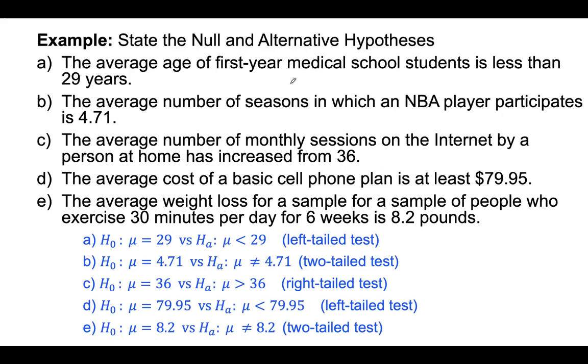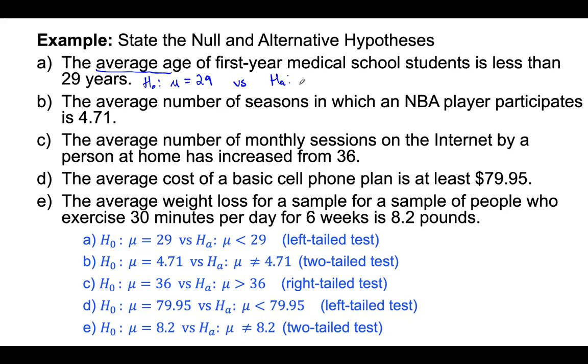So state the null and alternative hypotheses for these examples. The average age of first-year medical students is less than 29 years. So we're testing mu here. The null is where it's equal to, and the alternative is what we are looking for evidence of.